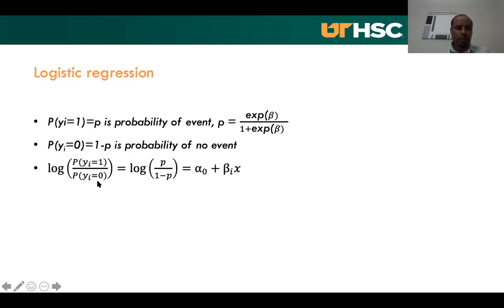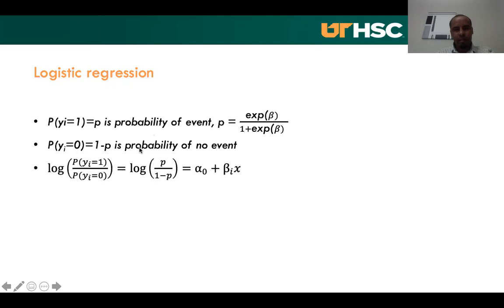In the previous slide, we said the formula for logistic regression is the log of the probability of y equals 1, or the event happening, divided by the probability that the event didn't happen, which equals the log of p divided by 1 minus p.